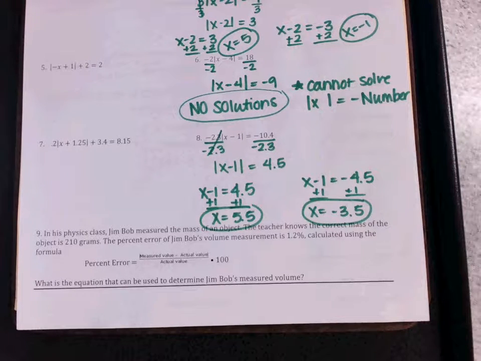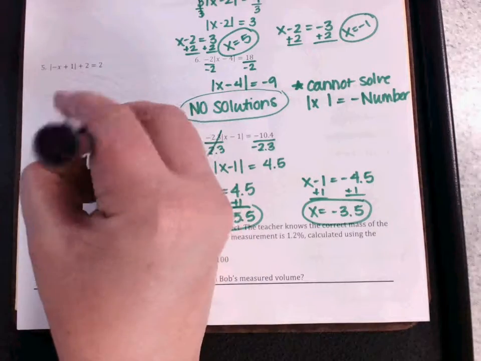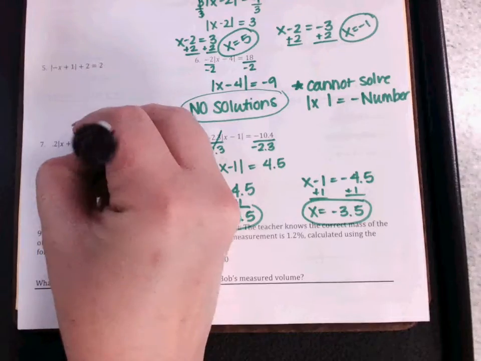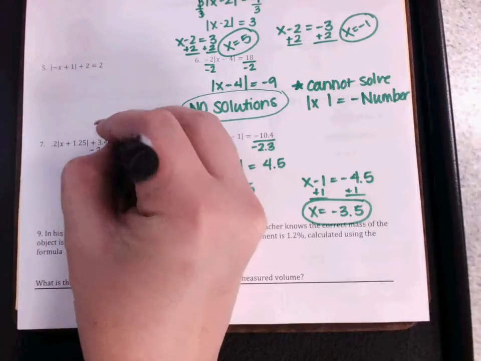The 0.2 or the 3.4? 3.4. And then you'd have to minus it. But you'll need to use your calculator on it because it's not whole numbers.